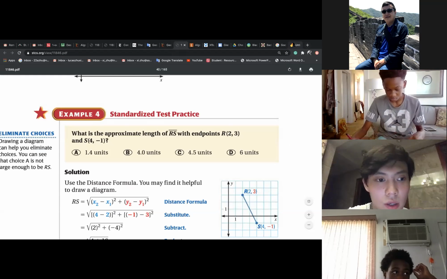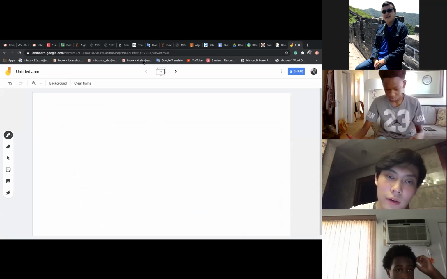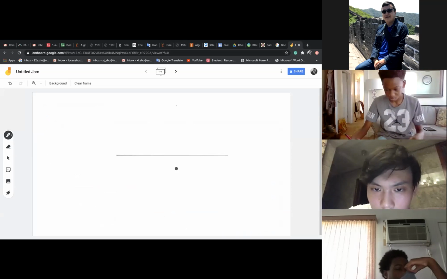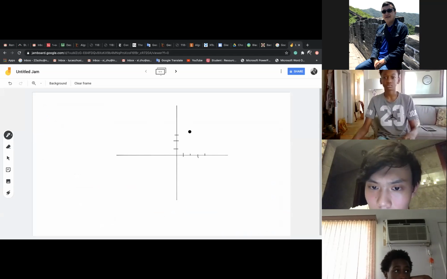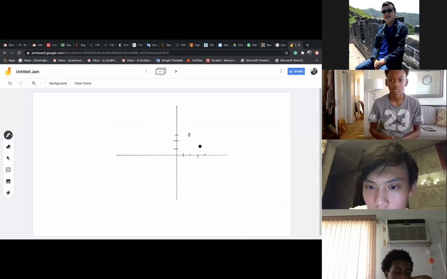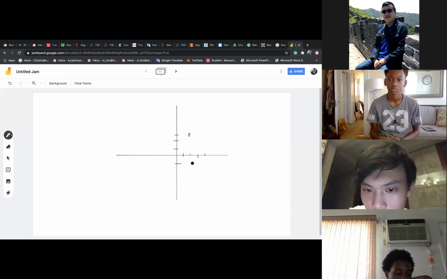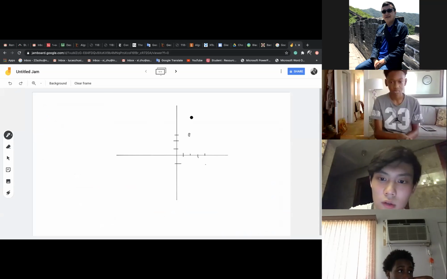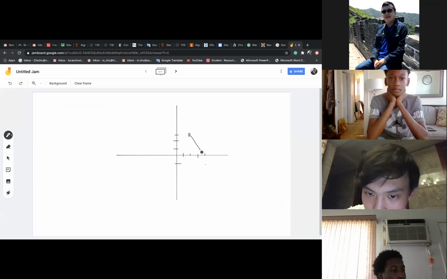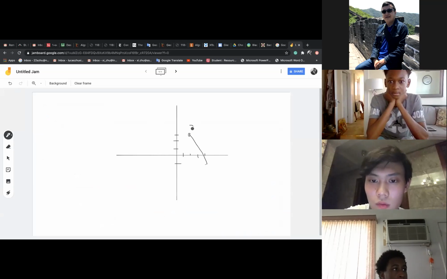It's 2, 3, and 4, -1. Oh, it's not straight. So what's the distance between these two points?